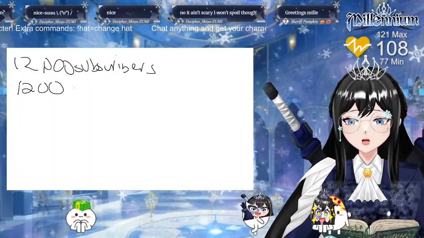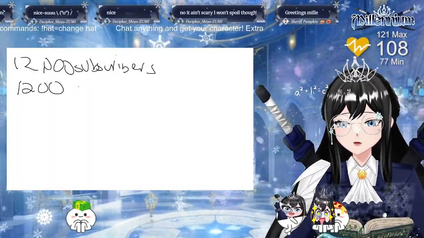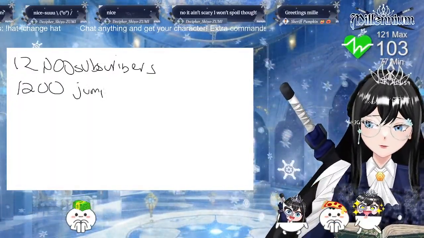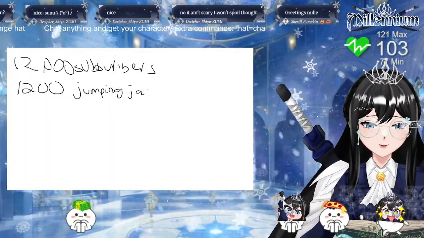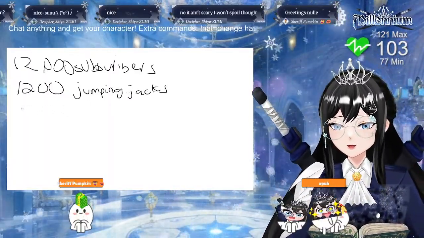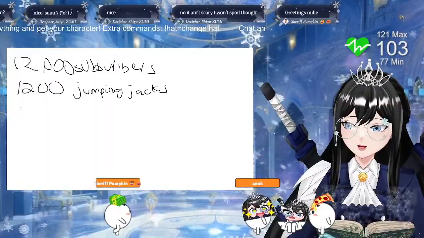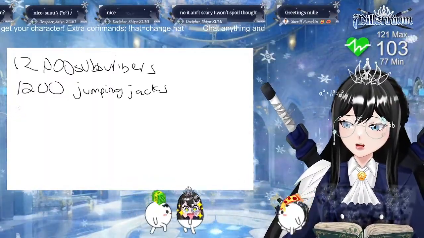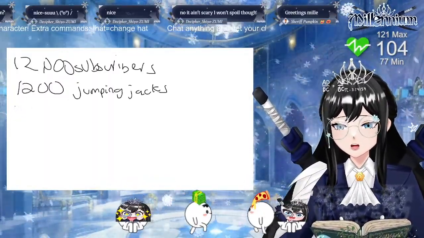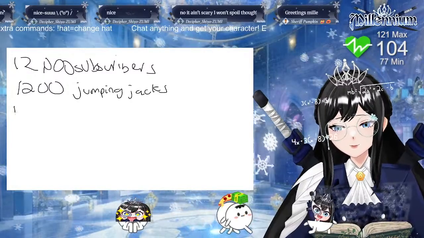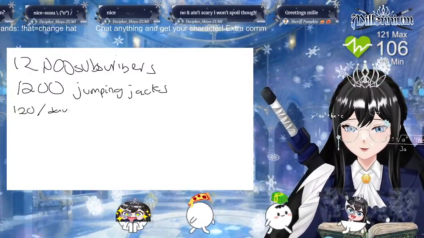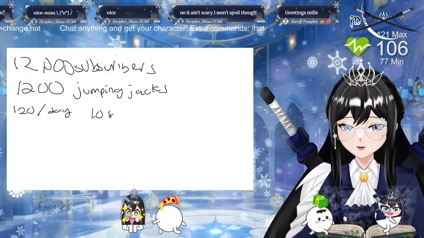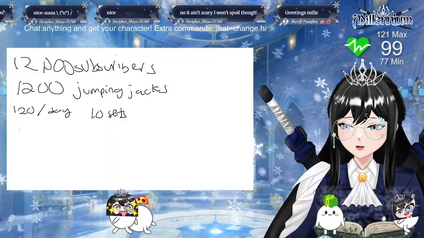To celebrate, I do 1,200 jumping jacks. I was like, it would be crazy if I just did 1,200 in a day. I don't think I can do that. So I split them up: 120 per day, AKA 10 sets. Not necessarily every day, just 10 sets total.